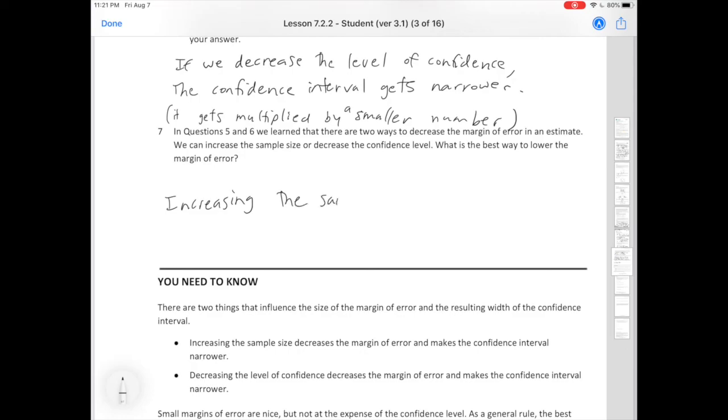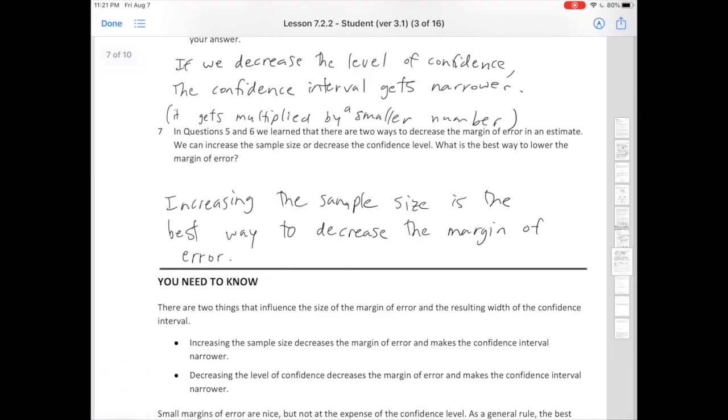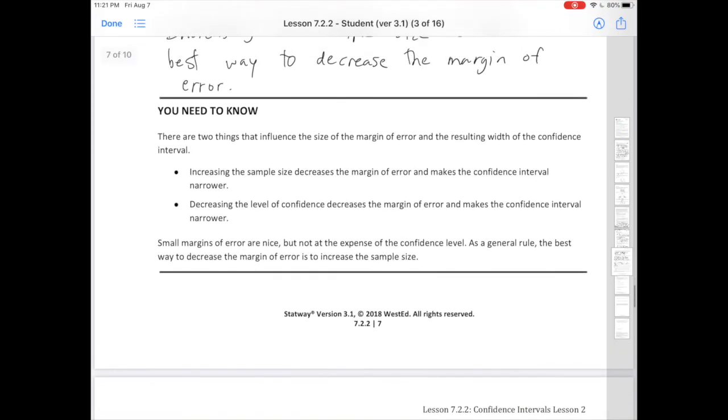So I'll say increasing the sample size is the best way to decrease the margin of error.